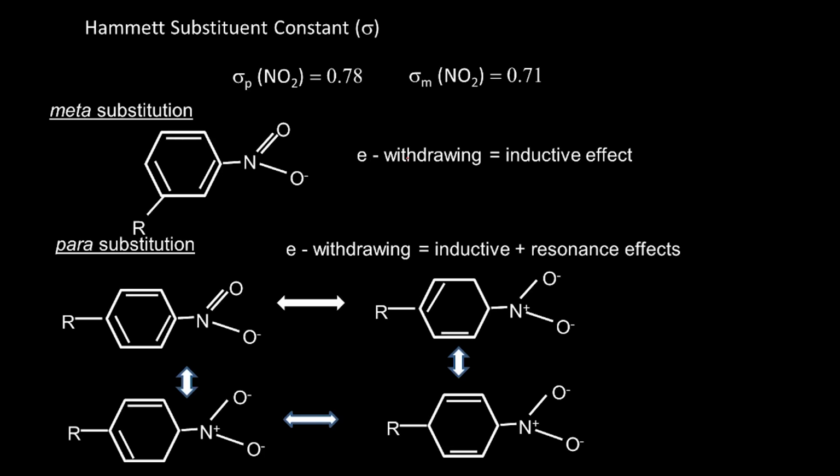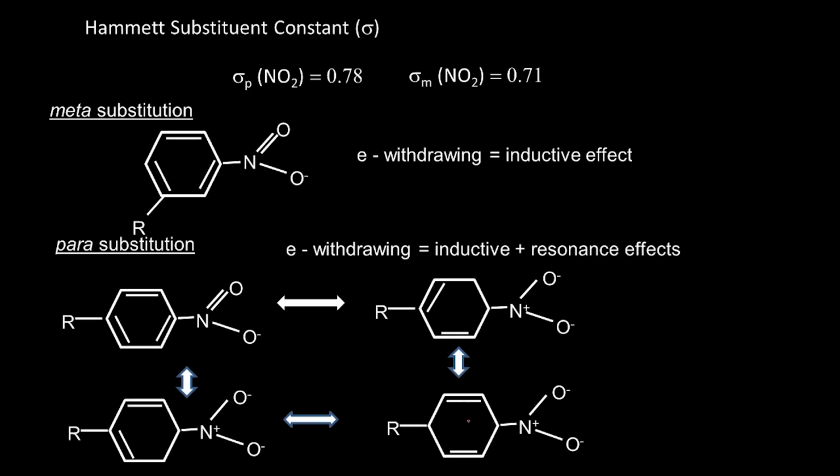For meta, it is an electron withdrawing inductive effect. When you have para substitution, it is electron withdrawing inductive plus resonance effect. Because when we have the para substitution, there is a resonance that's happening in the nitrogen. As you can see, the double bonds in the benzene keep moving.